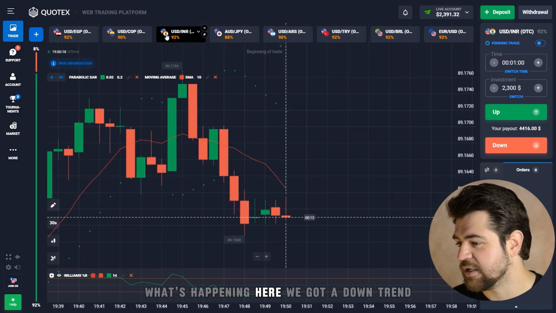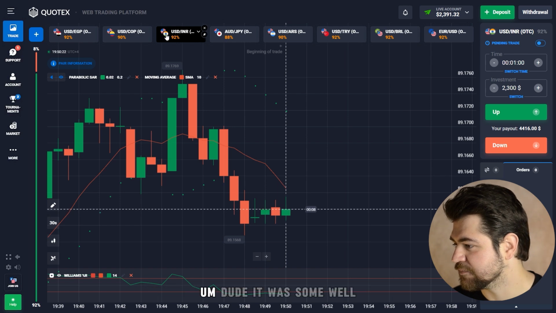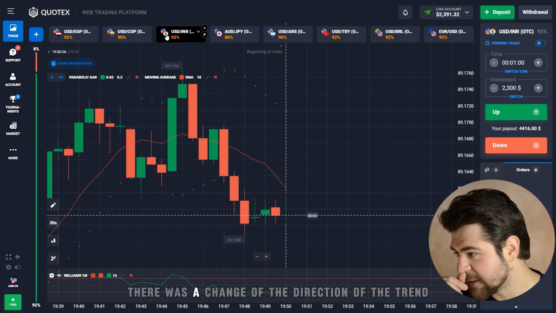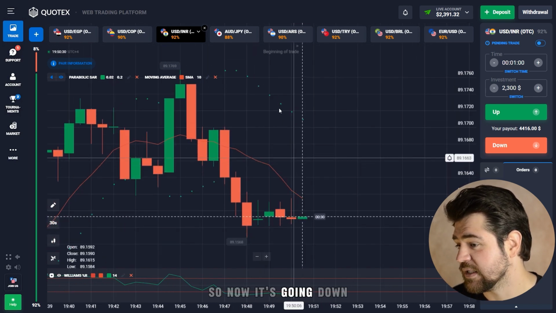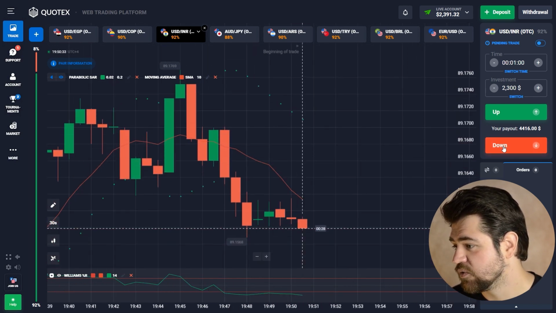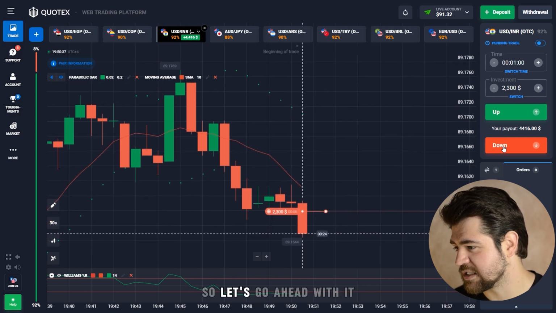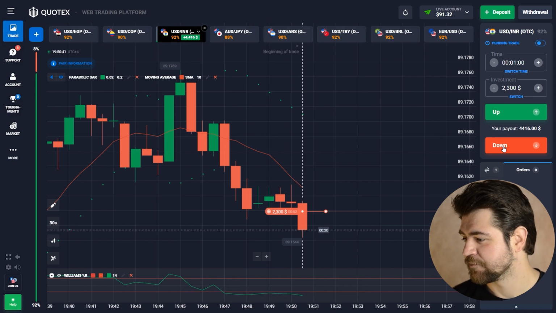What's happening here? We got a downtrend. Actually there was a change of the direction of the trend, so now it's going down. Probably will continue for now, so let's go ahead with this newly forming trend.